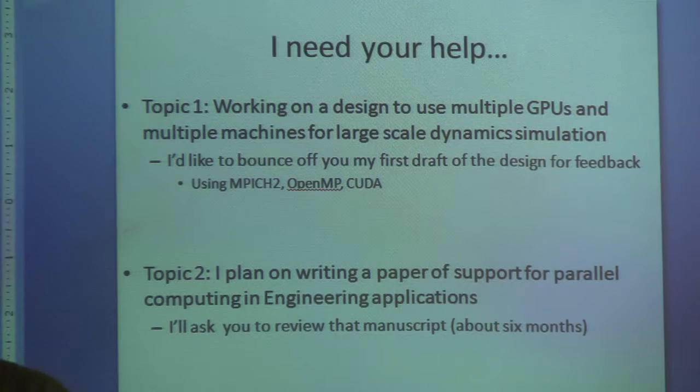If any of you would be interested in giving feedback on what I'm working on, it would be greatly appreciated. I also want to write a short paper in probably 4 or 5 months reviewing p-threads, OpenMP, TBB, CUDA, and MPICH, and what they are good for and not good for.